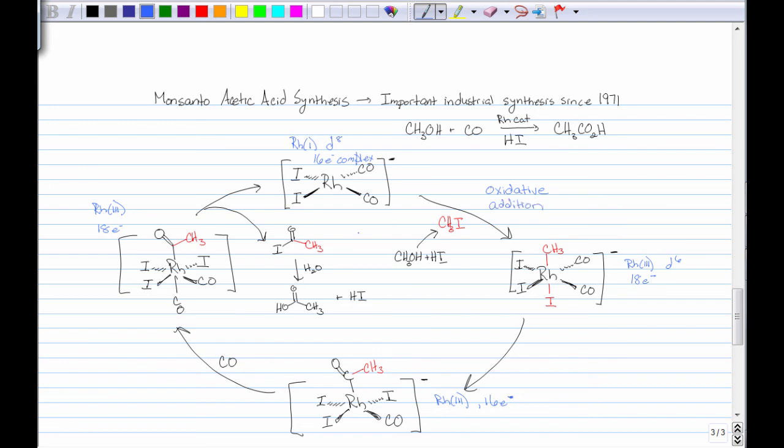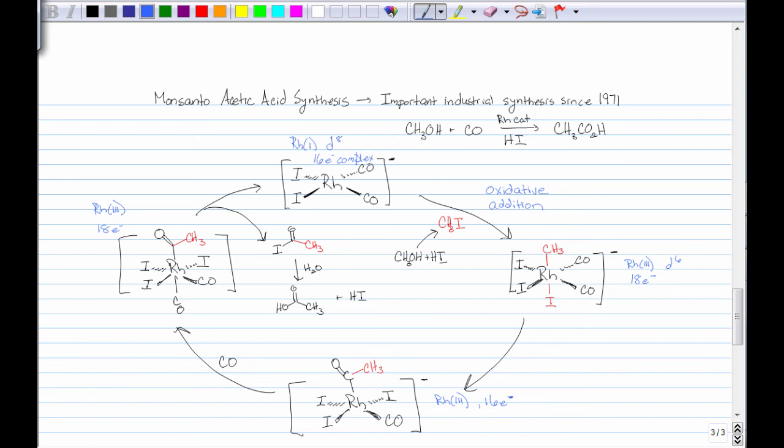So in the first step, you're oxidatively adding methyl iodide, and you're at the same time breaking that carbon iodide bond, going to a rhodium-3 18 electron complex. So you're adding some ligands here, you're adding electrons, and you're going from a square planar to an octahedral complex.